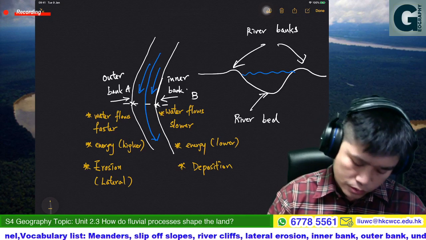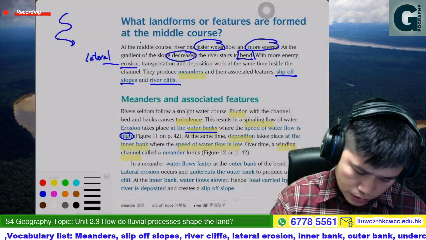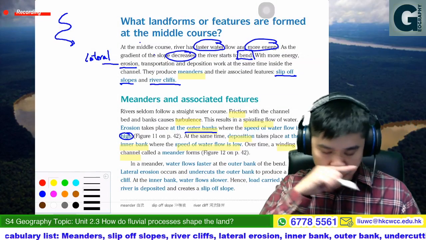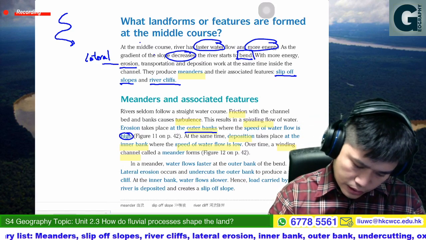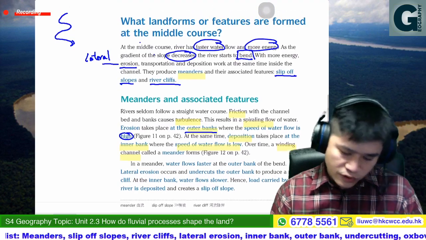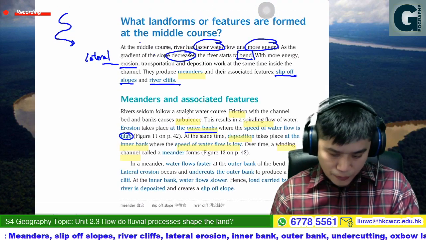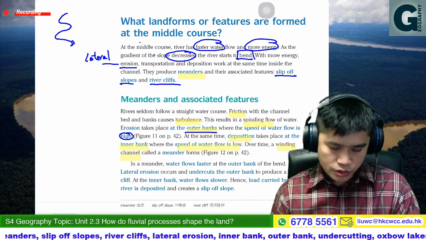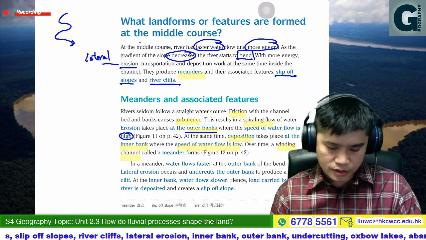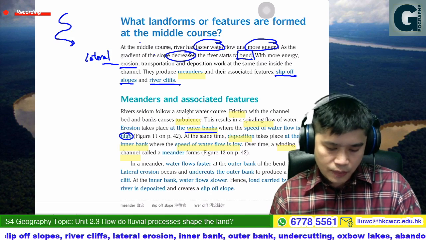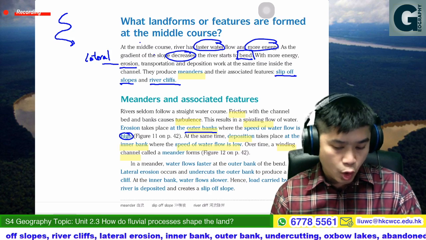So what would be the result? Let's have a look. Let's go back to the textbook. Here it mentioned that in the meander, water flows faster at the outer bank of the bend. Lateral erosion occurred and undercut the outer bank to produce a river cliff. And in the inner bank, water flows slower.